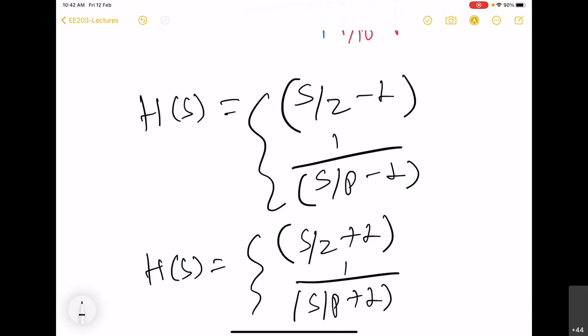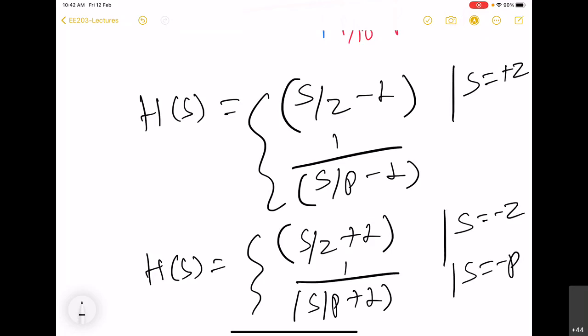So the question will arise if we get this type of pole and 0. Here you can see that the 0 is at negative frequency. Similarly, the pole is also at negative frequency, but here the 0 is located at a positive frequency, and the pole is also located at a positive frequency.